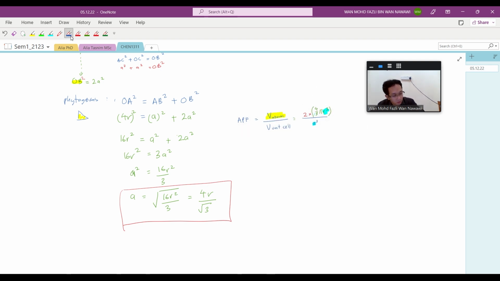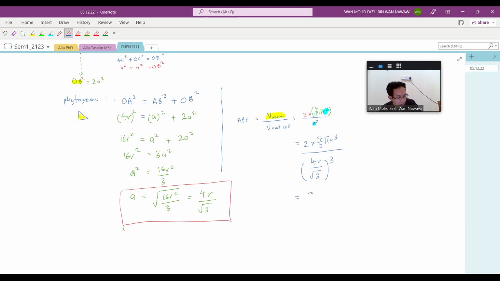So now once we've got this correlation between A and R, then we can calculate. So 2 times 4 over 3 pi R cubed, and now because we already know what A is, we can just put 4R over the square root of 3, to the power of 3. When you do it like this, you can cancel out terms.